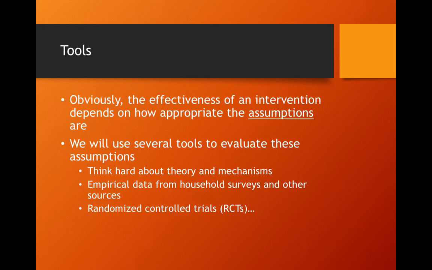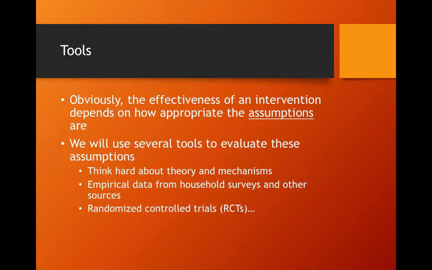So first, we identify what the assumptions are, and then we need to think hard about the theory and mechanisms at play. Do those assumptions seem true? But even more important, we need to look at empirical data.